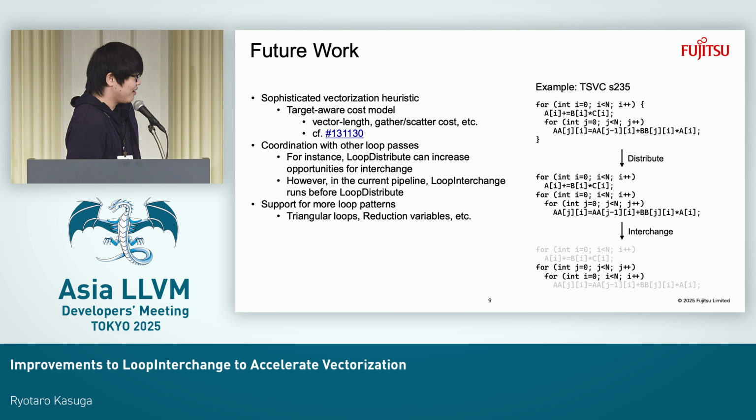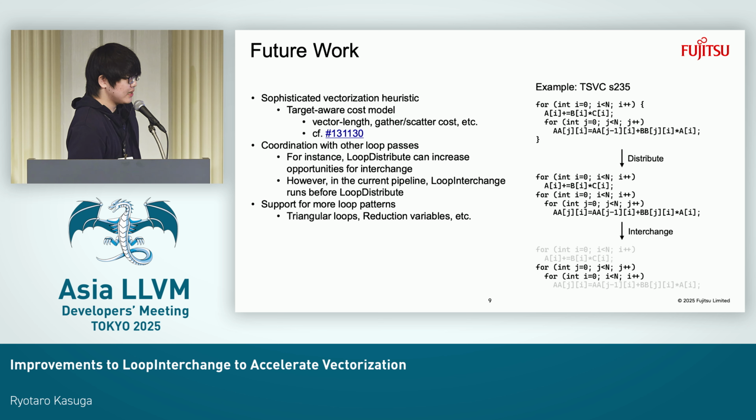So finally, let me talk about future work. The first, and I think the most difficult and important one, is more sophisticated vectorization heuristics. Currently we only check the direction of dependencies introduced by each loop. However, it is better to make them target aware.